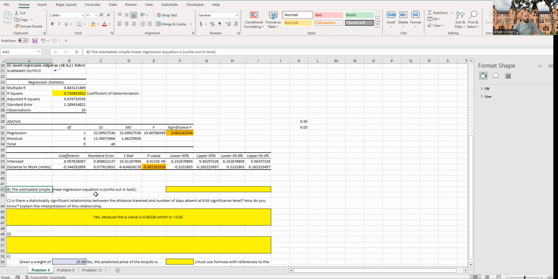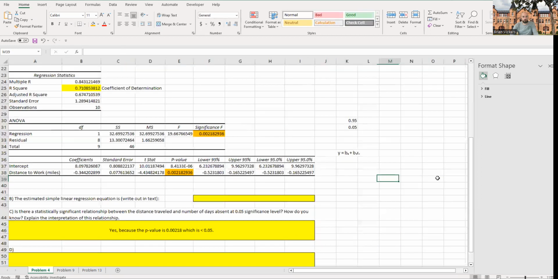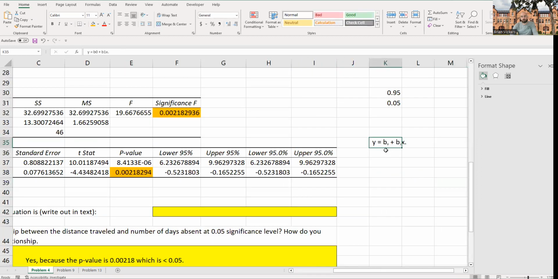The estimated simple linear regression equation. Okay, so the linear regression equation is always going to be right here. Probably hard to read. I'm going to zoom in for just a second. So the predicted value of y is going to be equal to the intercept, the b0, plus the slope times x.